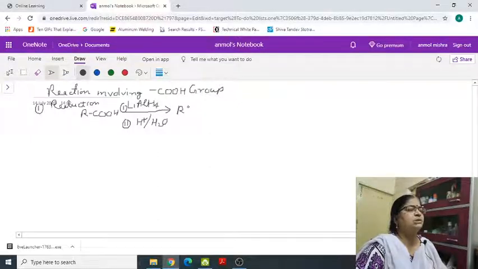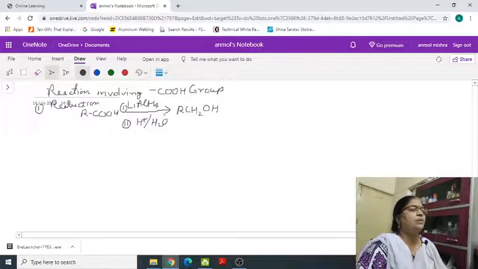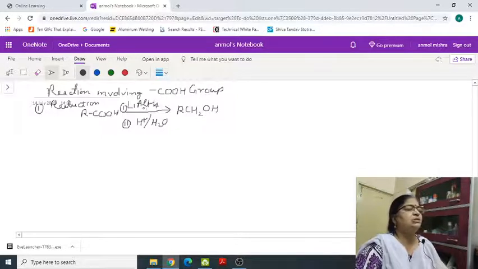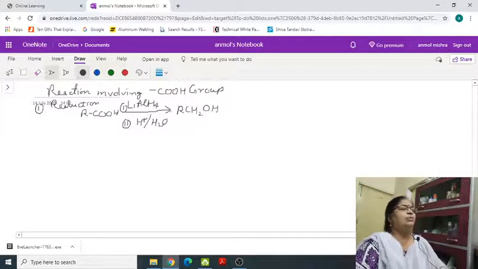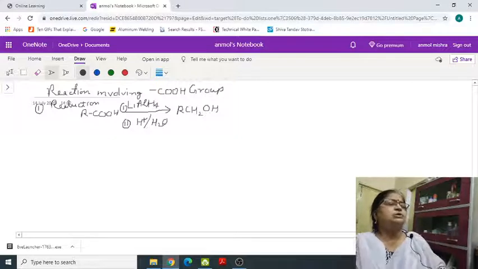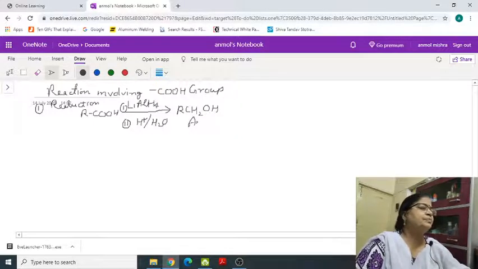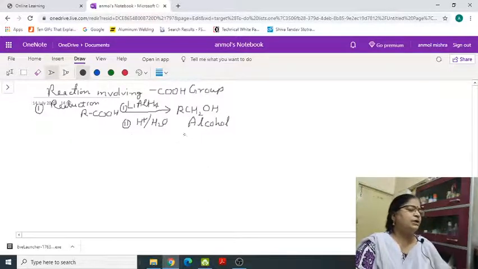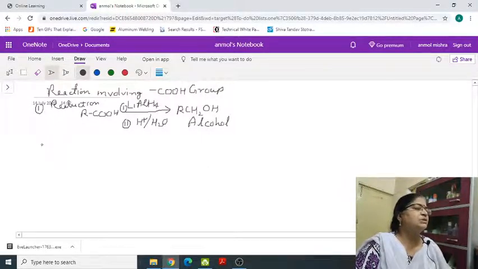It forms alcohol containing the same number of carbon atoms as was present in the carboxylic acid.